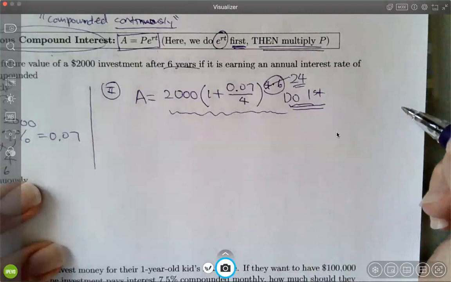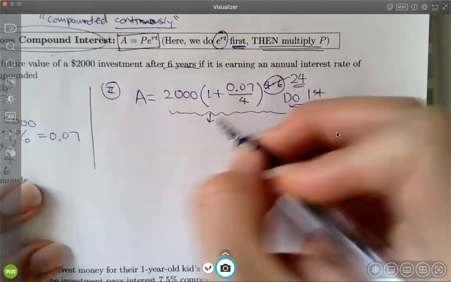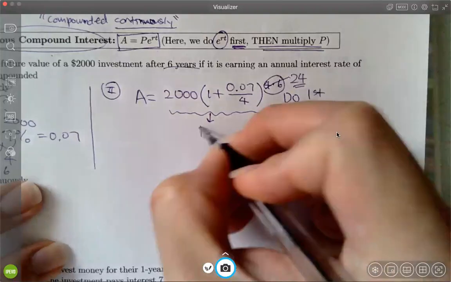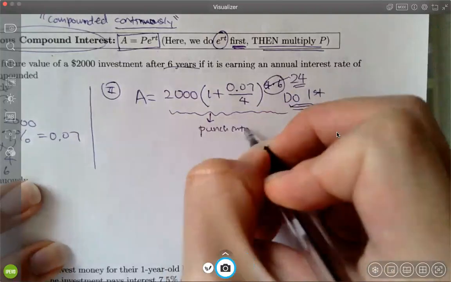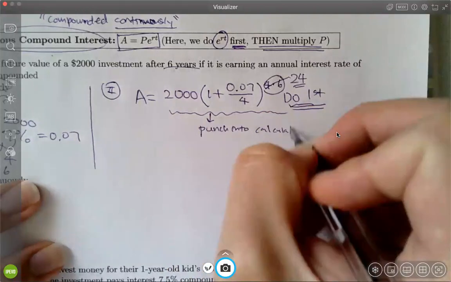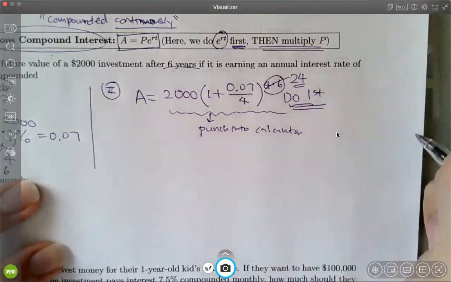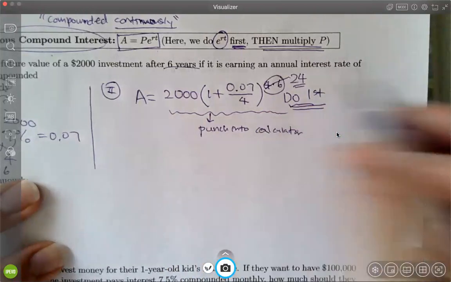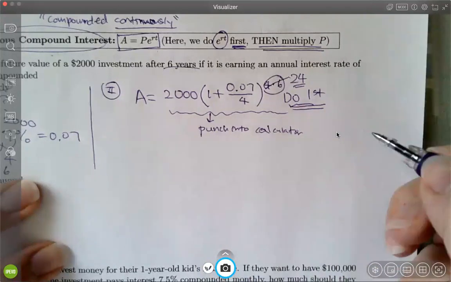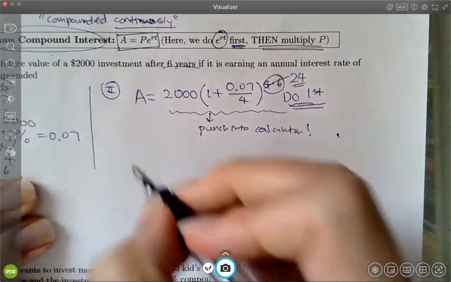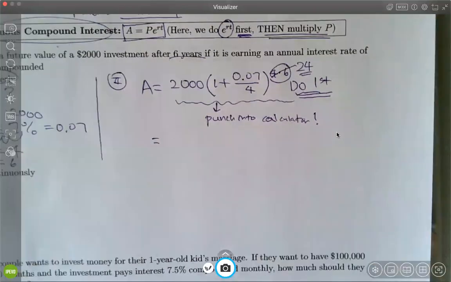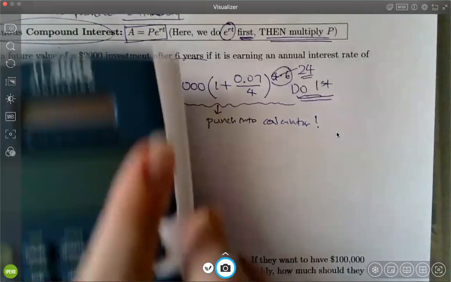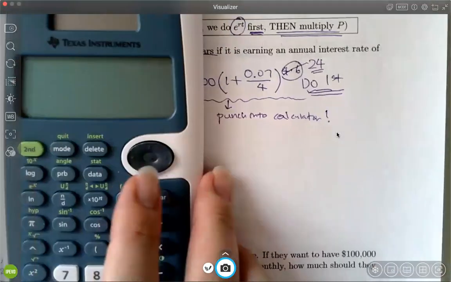Now you punch this whole thing into your calculator. How? Just literally plug in all of these numbers, typed as it is. Yesterday I used the graphing calculator, so now let me use the scientific one.